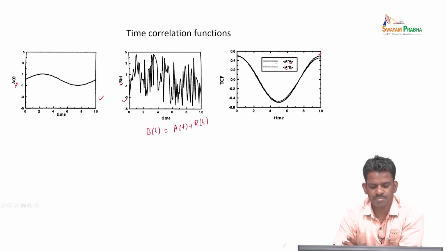Suppose this B was not at all related to A, then you will not see a good match between the autocorrelation function AA and the cross correlation AB, and AB will be close to 0.